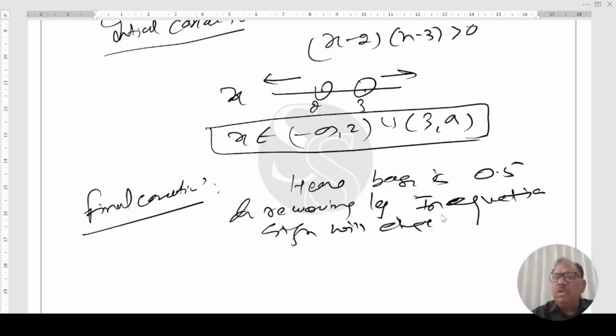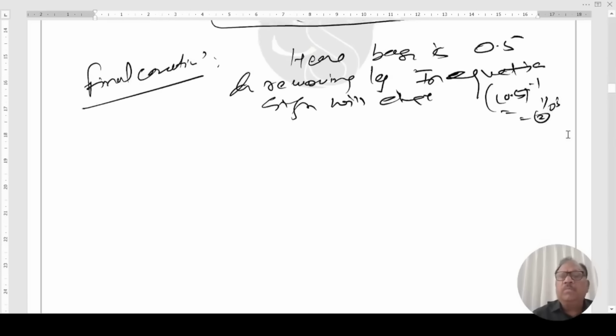This inequality sign will change because on taking anti-log this will become 0.5 to the power minus 1. So this comes out to be 1 by 0.5, that is 2. This becomes greater than 2, right?